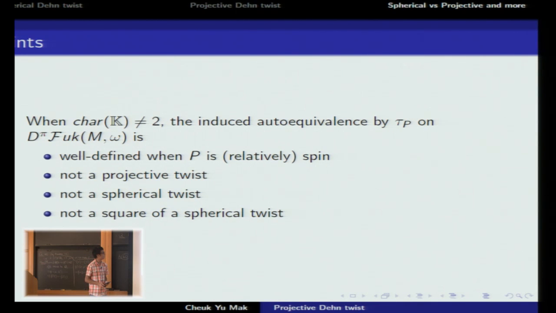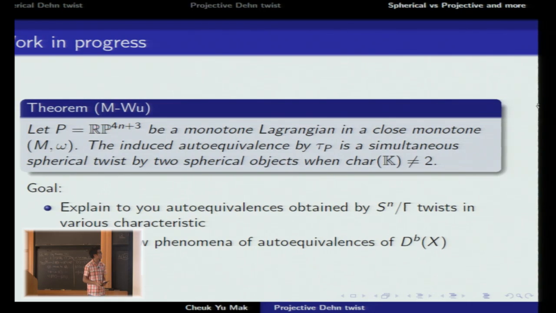And actually, it is a simultaneous spherical twist by two spherical objects. This example is interesting to me, and I want to understand more about the Dehn twist along lens spaces or some other Lagrangians.